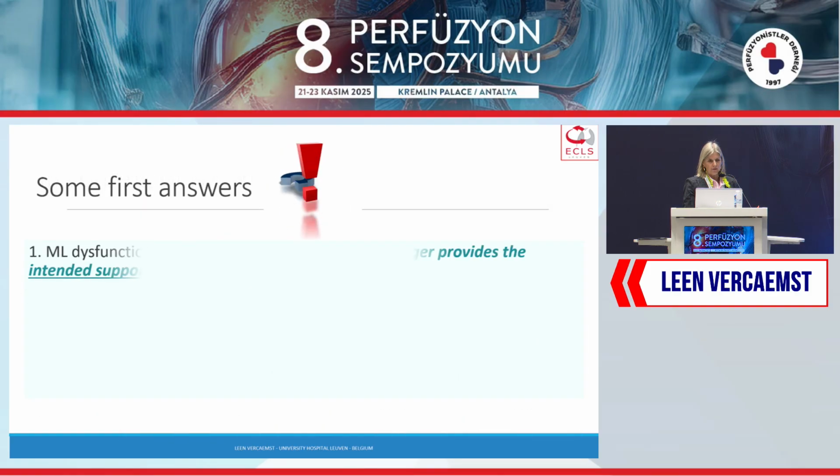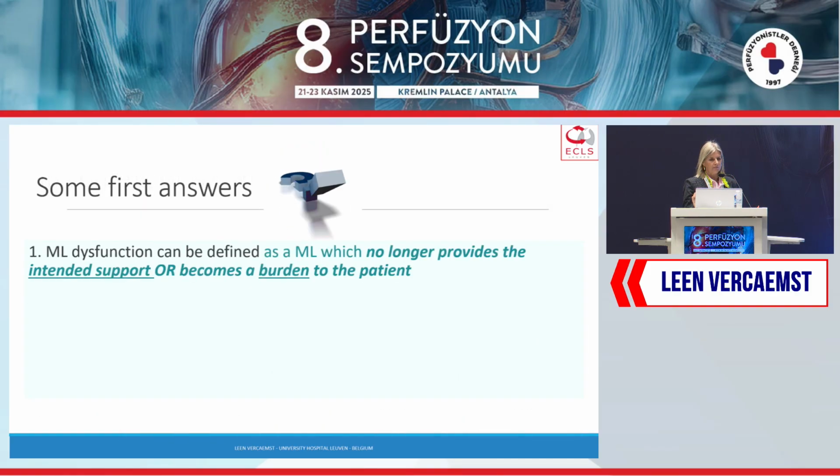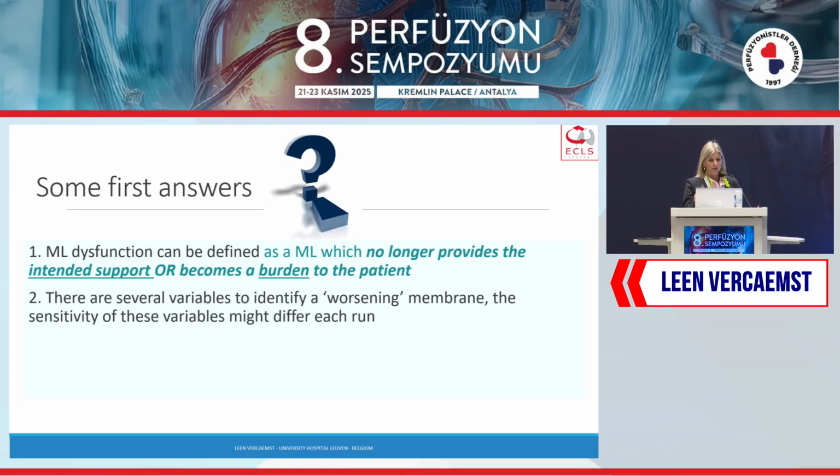So the first answers, membrane lung dysfunction. I'm just continuing because I am running out of time. So in conclusion, membrane lung dysfunction should be defined as a membrane lung which firstly doesn't provide the intended support, but secondly becomes a burden to the patient, very importantly.